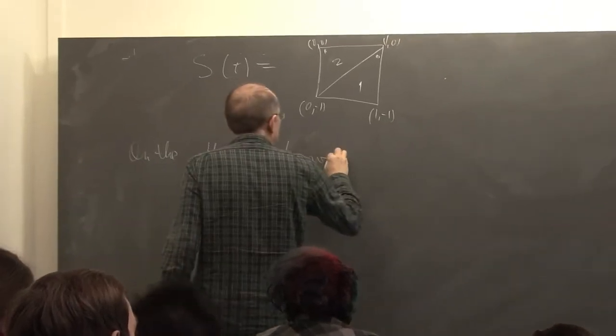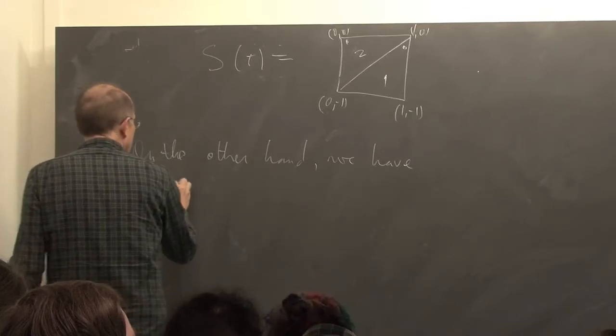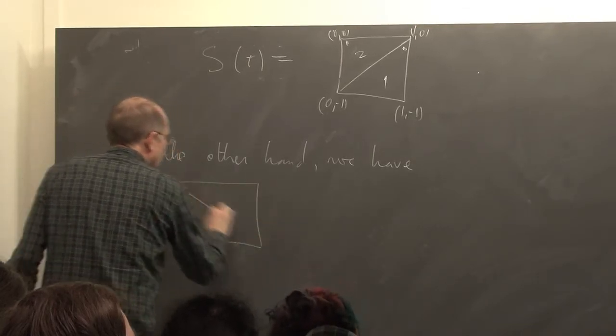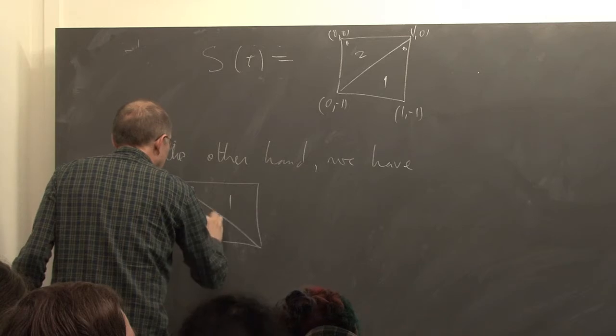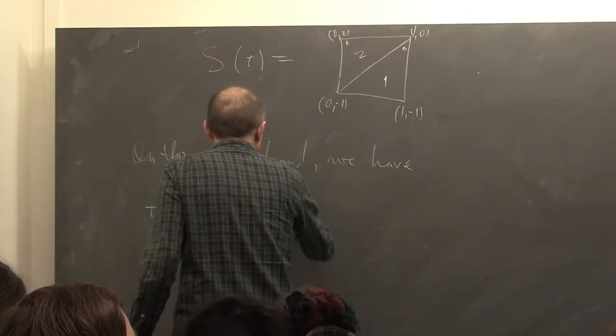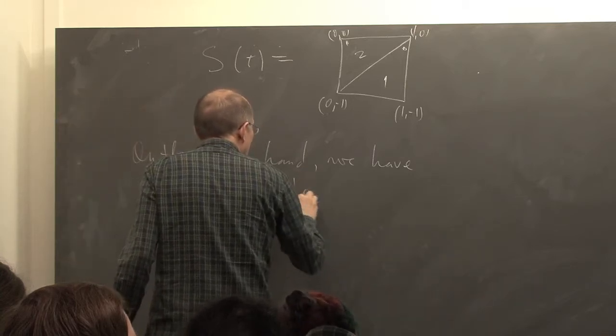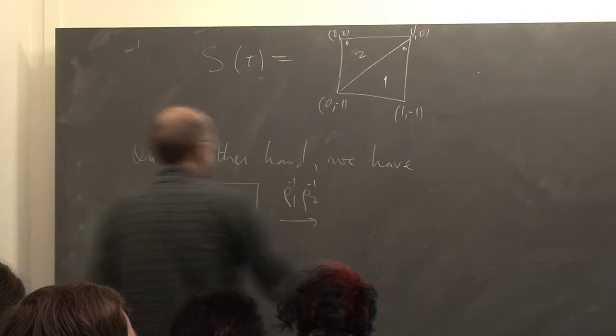we have the following. So we start with our original triangulation. This is tau, which is we apply twice R rho, namely the inverses.